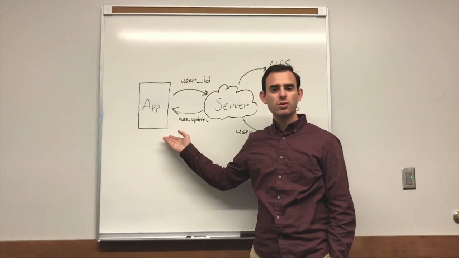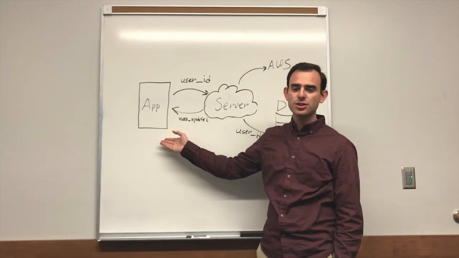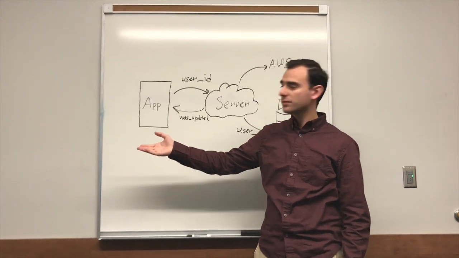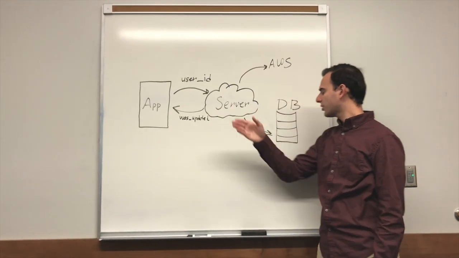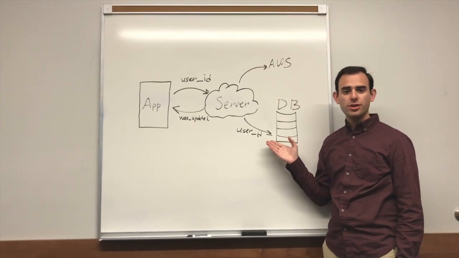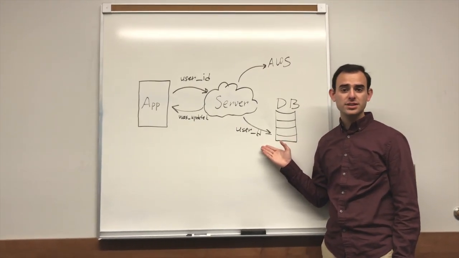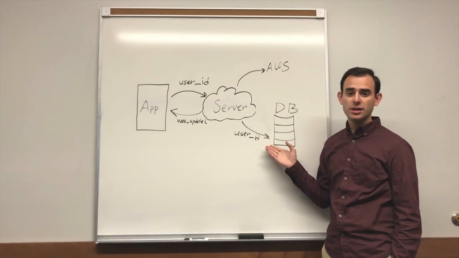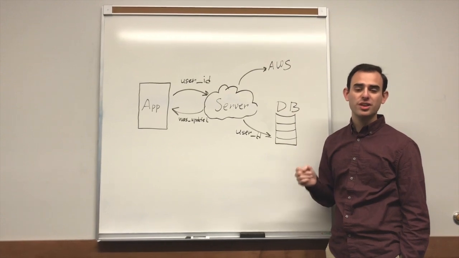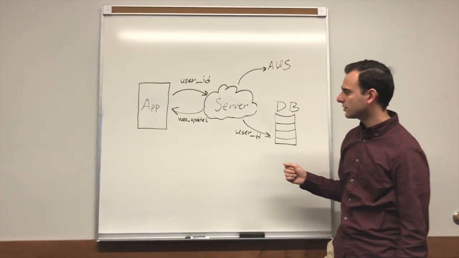In that reservation request, the user sends his user ID and the ancestor that he wants to reserve to the server. The server checks that, in fact, the user does not have this ancestor reserved already, and the database is updated now to reflect the change that the user wants to reserve this ancestor.